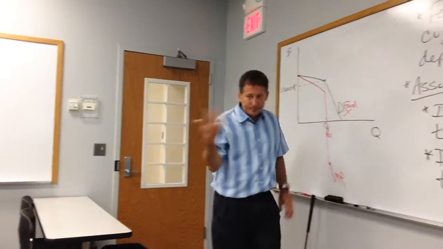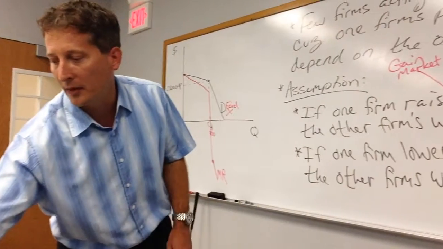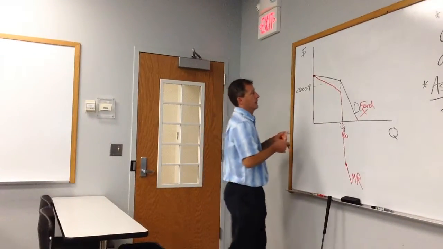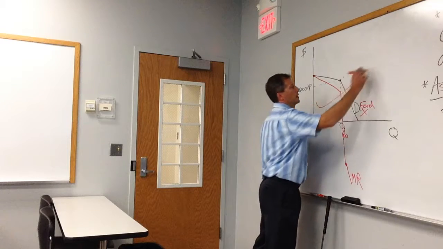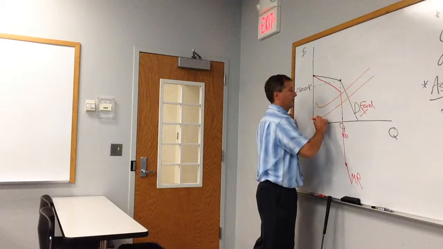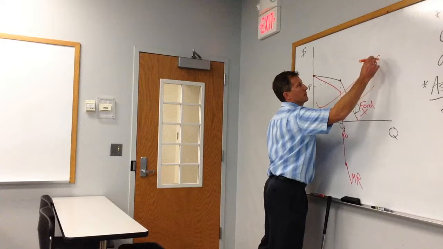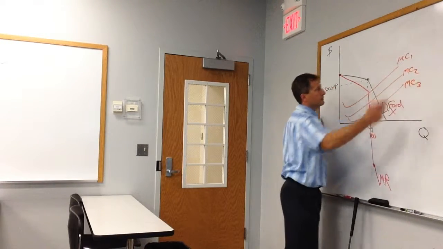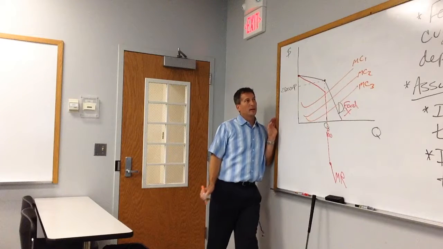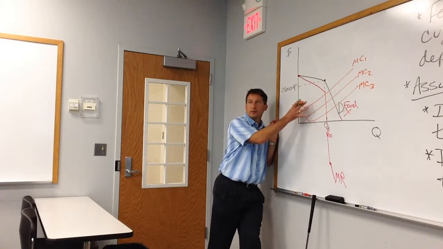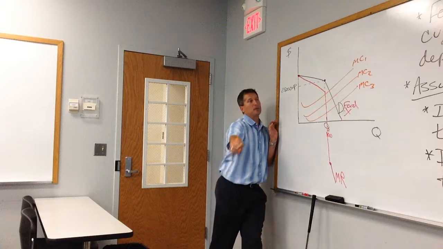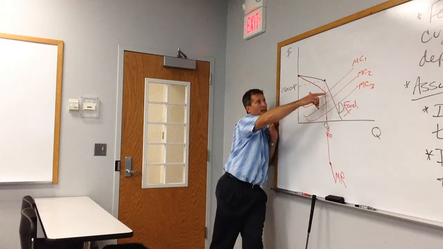That is kind of further supported if we think about the optimal decision with multiple marginal cost curves. Let me just put 3 of them up here. If that's our marginal cost curve, and that's our marginal revenue curve, what is the optimal quantity if marginal cost is MC1?